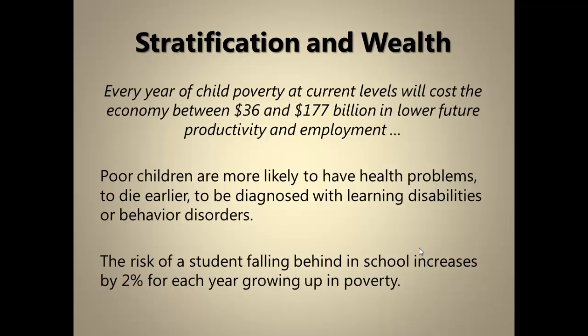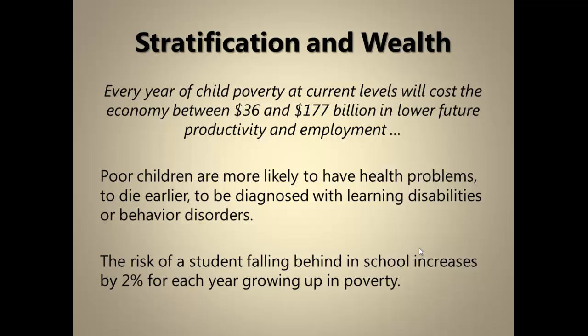Poor children, in addition to those things I was just mentioning, are more likely to have health problems because they oftentimes don't have health insurance available to them, and because they live in substandard housing, or they don't have adequate nutrition, they don't have appropriate health care, those kinds of things. Poor children are more likely to have health problems, to die earlier, to be diagnosed with learning disabilities, or to have behavior disorders.